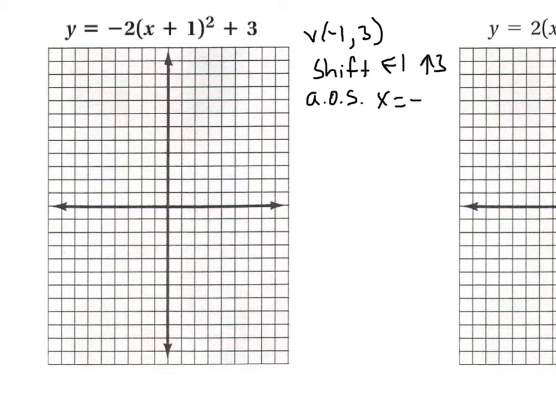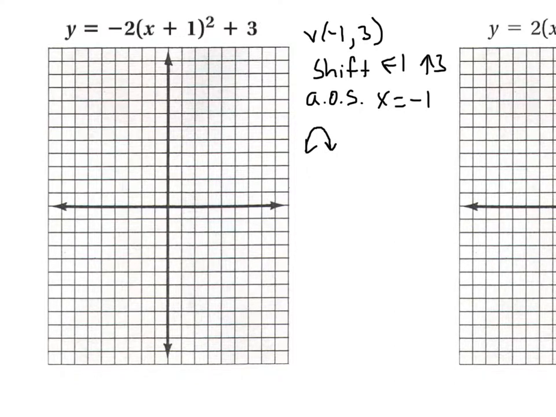So x equals -1. Then for our maximum or minimum value, we have to first determine, does this graph open up or down? Open down. How do you know? The A value is this guy right here. Because A is negative, it opens down. So our graph is going to look something like that, opening down.